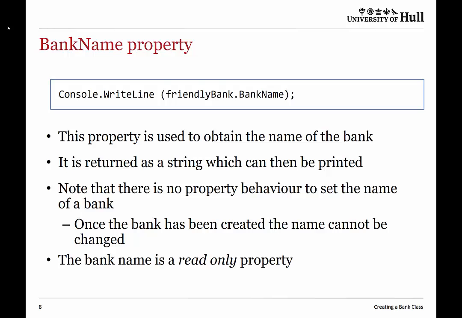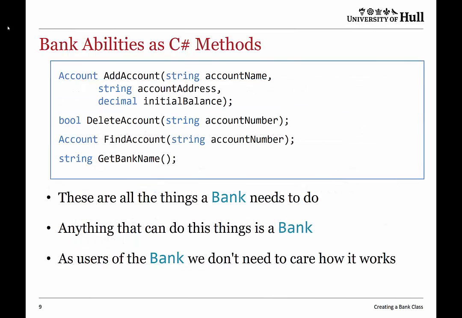We've done those before with only the get, which is fine. These are the guys I'm really interested in. Add account, delete account, find account, and get bank name. Oh, I'm doing it both ways. Okay, I'll live with that. So, add account, give it the account name, give it the account address, and give it the initial balance. Anything missing from that?